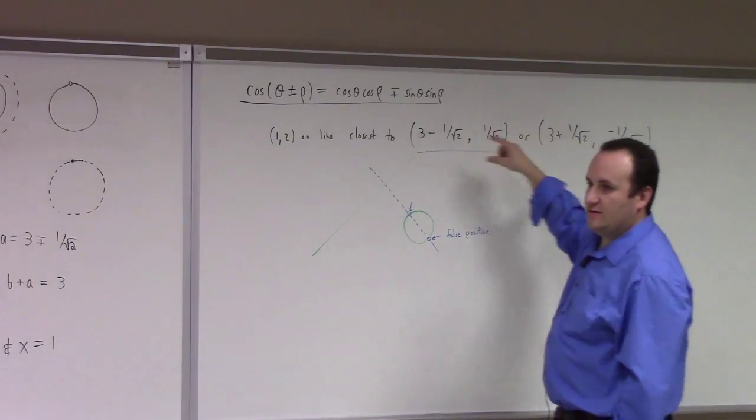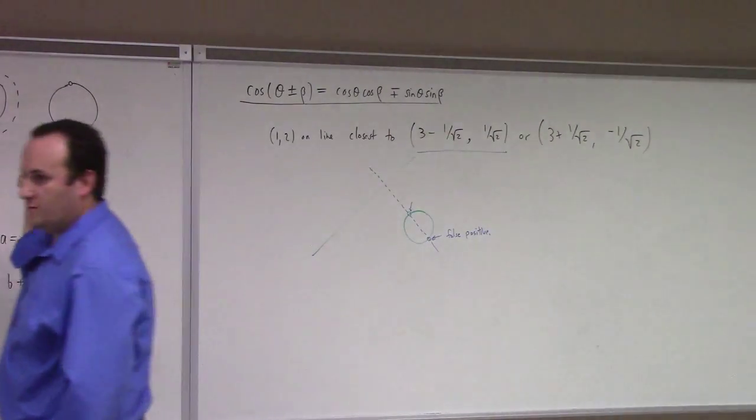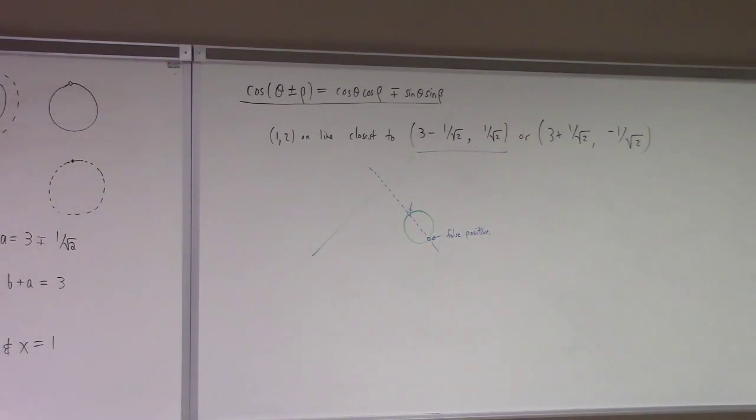Well, going back to the objective function, if you plug those points into that f we had, one of the values would be larger, one of them would be smaller. The one that's smaller does actually correspond to the closest point of the circle to the line. The one that's larger is not actually the point on the circle which is furthest from the line.